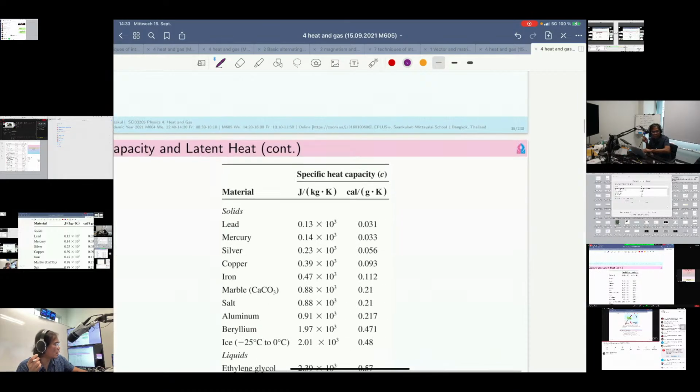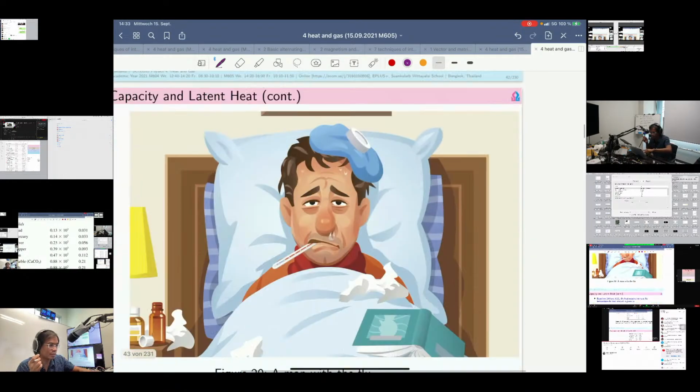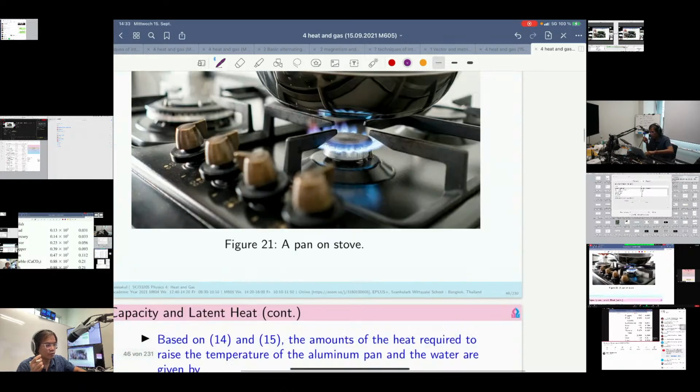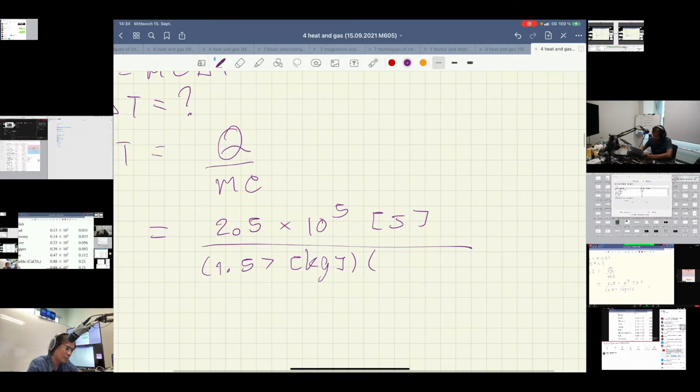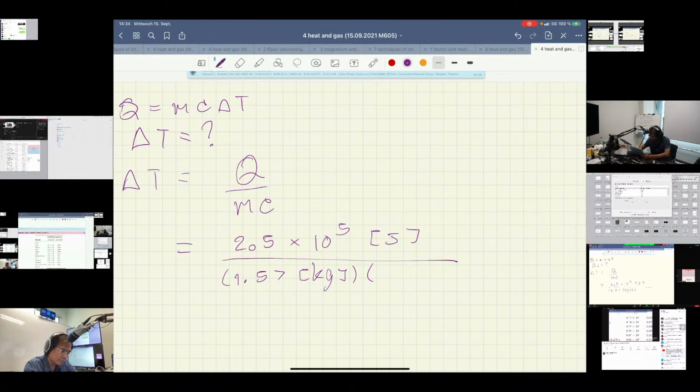You can use any number, but just make the reference from that book or from the source. We would say we've used 448, and the unit is joule per kilogram and Kelvin.